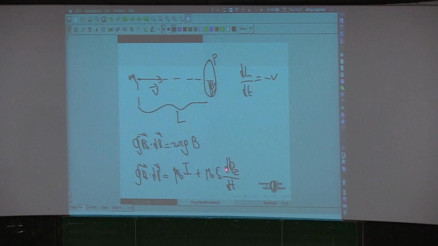The result will not change. And furthermore, although we used this disk to calculate this electric flux, this flux also doesn't depend on which surface we choose. I chose such a surface to calculate my flux, but I could have chosen this other surface.